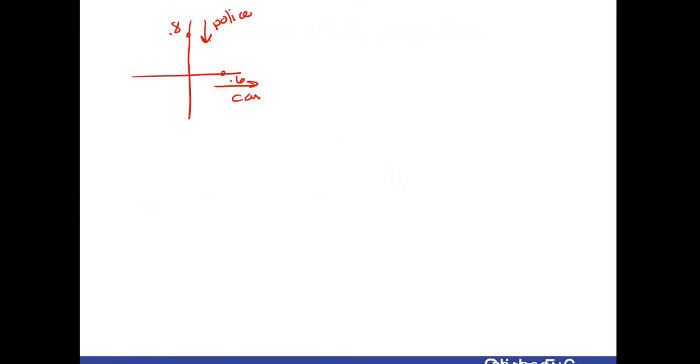So the police are moving 60 miles per hour south. The distance between the two cars is increasing at 15 miles per hour. And I want to know the speed of the car.